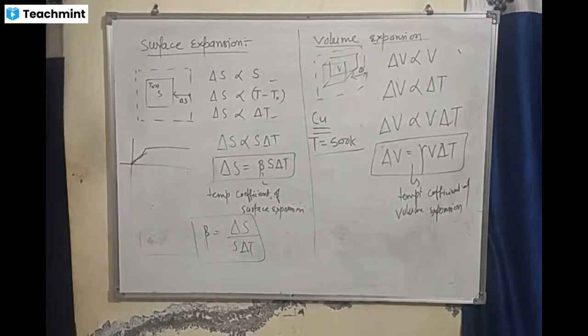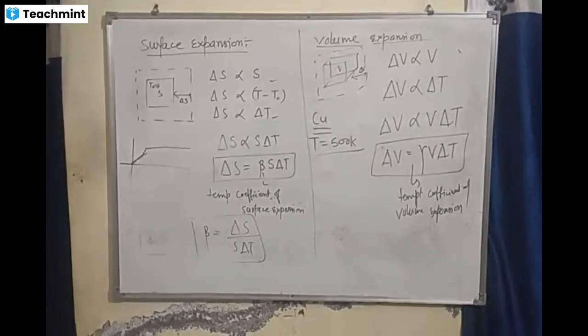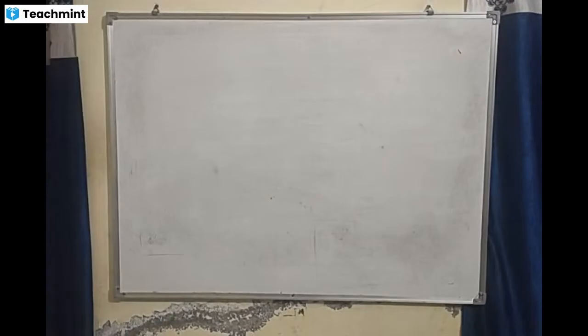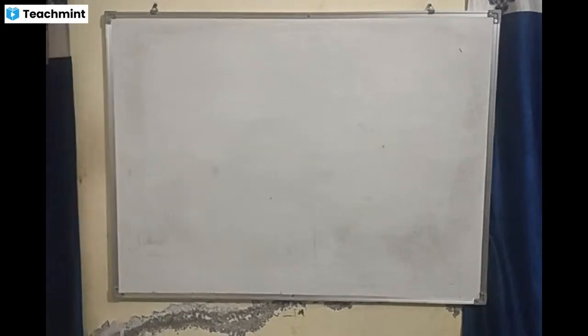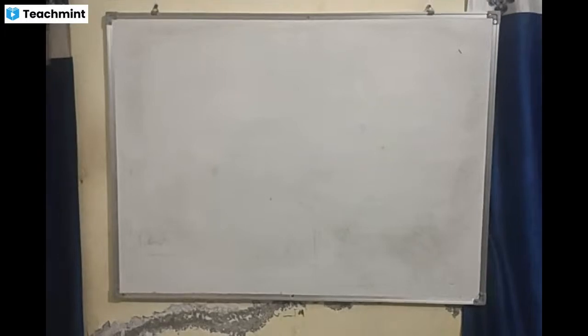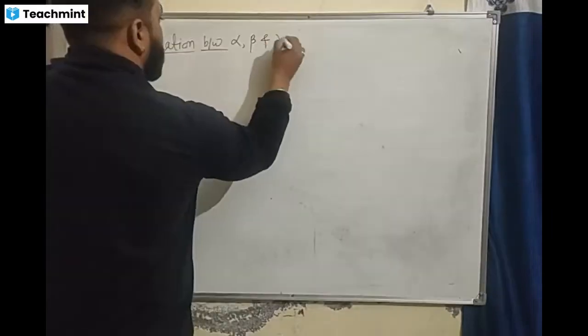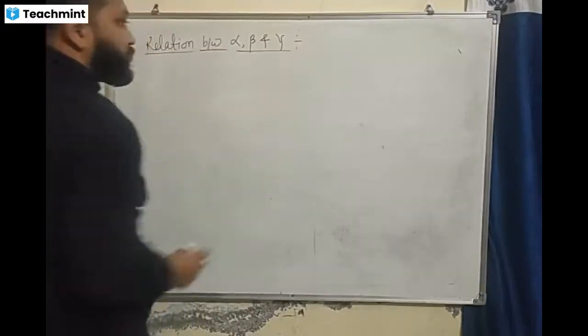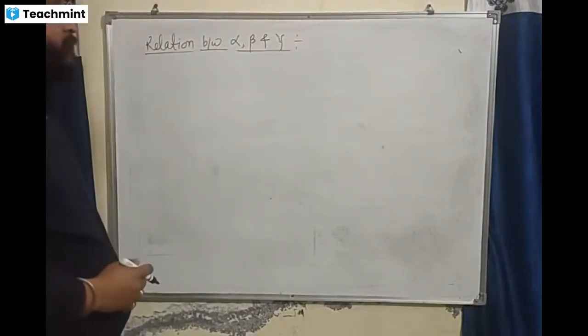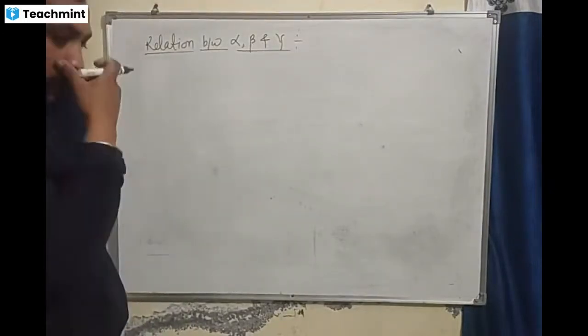Okay. Now the other thing that we need to know is the relationship between alpha, beta and gamma. This is a very important relationship. Alpha is for linear expansion coefficient, beta for surface and gamma for volume.